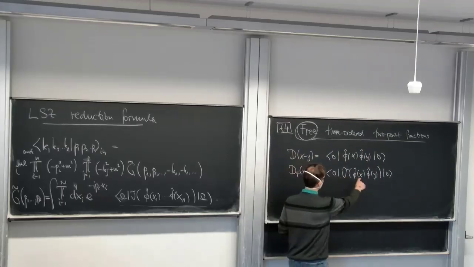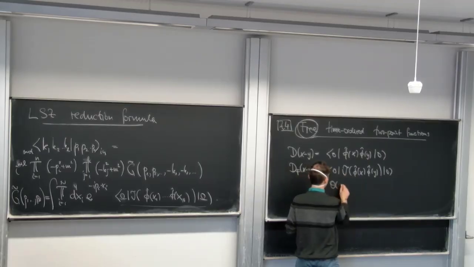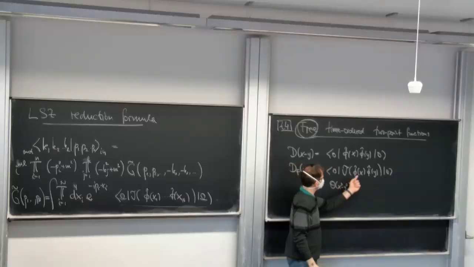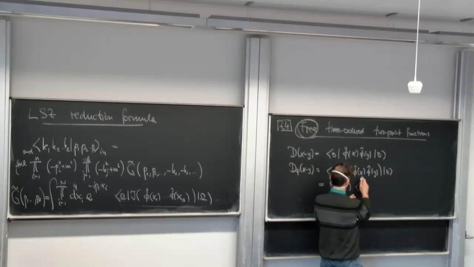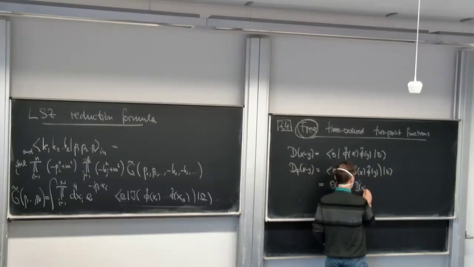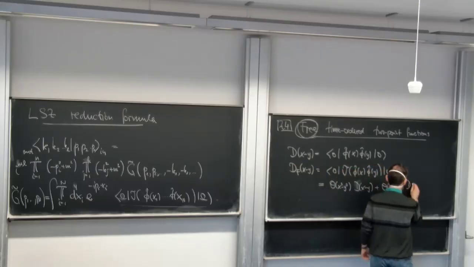And we can expand it out by using the definition. So it's theta of x0 minus y0: if this argument is positive, so x is later than y, then it needs to go to the left, later to the left. So it's the one with the x to the left, or theta of y0 minus x0, the other order, and then it's the other order.